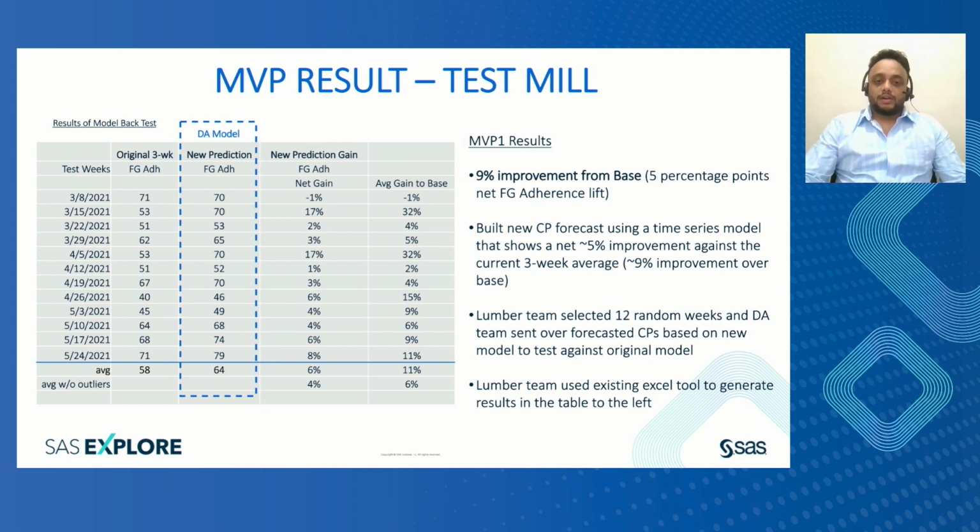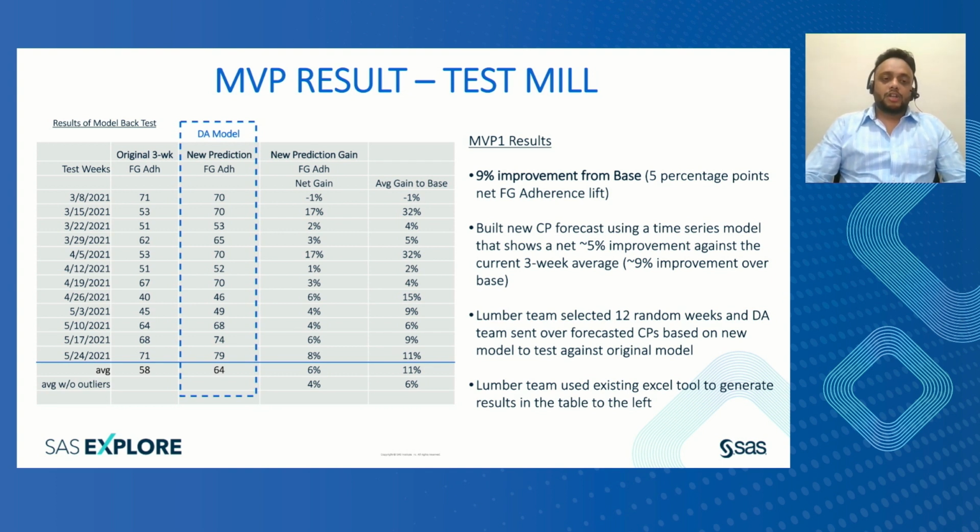The table on the extreme left shows the result for one of the mills where we tested our model before moving it into production, and these are the results where the data science model has outperformed the original 3 weeks moving average which the operation team was using earlier.